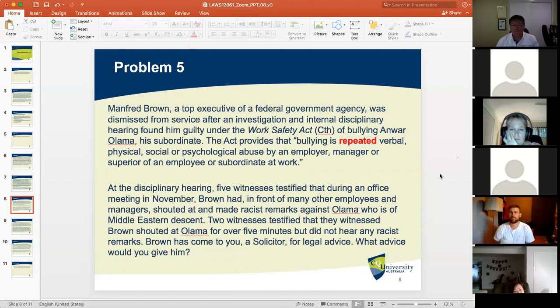At the disciplinary hearing, 5 witnesses testified that during an office meeting in November, Brown had, in front of many other employees and managers, shouted at and made racist remarks against Al-Amma, who is of Middle Eastern descent. 2 witnesses testified that they witnessed Brown shout at Al-Amma for over 5 minutes, but did not hear any racist remarks. Brown has come to you, a solicitor, for legal advice. What advice would you give him?